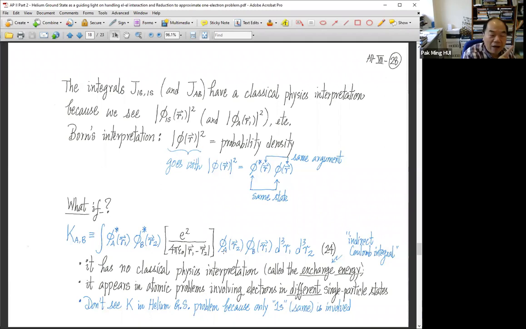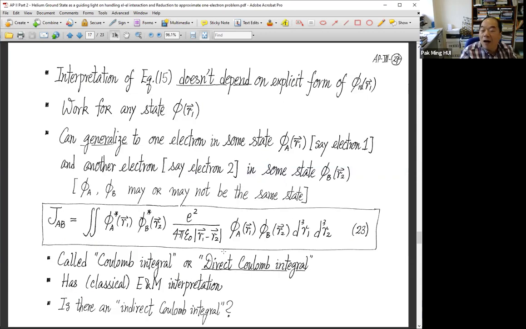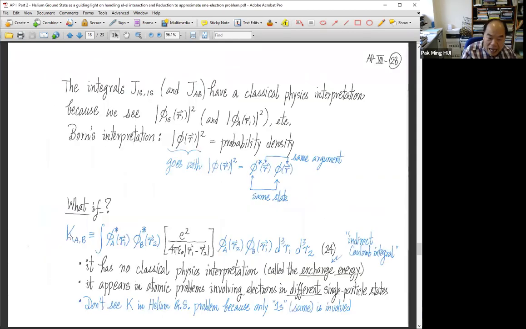However, as we just mentioned a while ago, we may have one electron in 1s and another electron in 2s. We do have A, B, different states. When we have two different states with two electrons, it is possible to have both the direct integral and the indirect Coulomb integral.